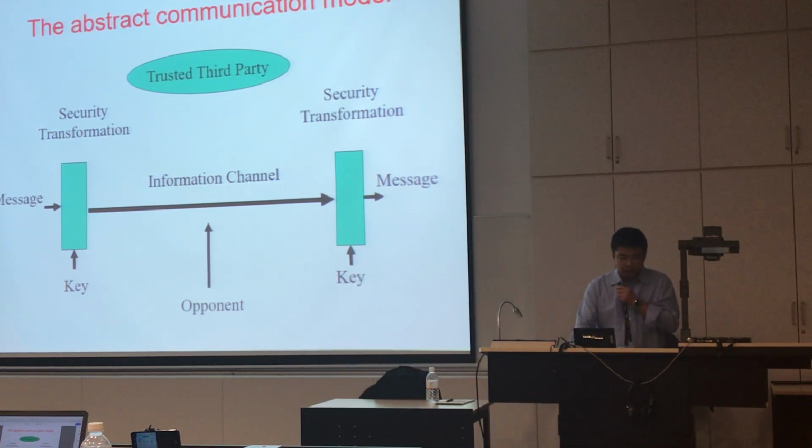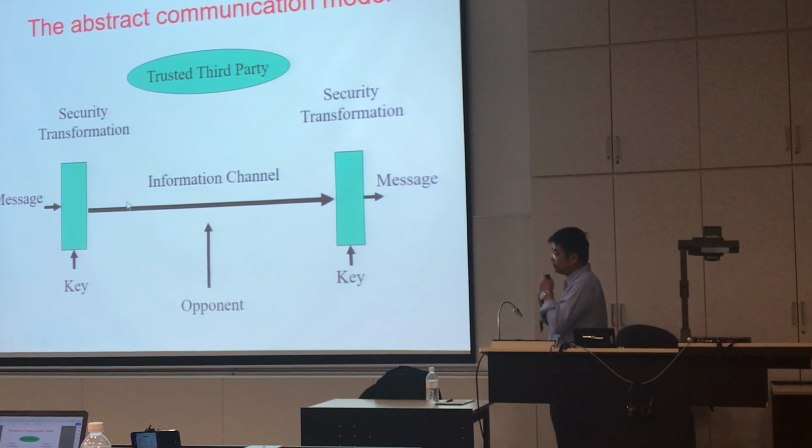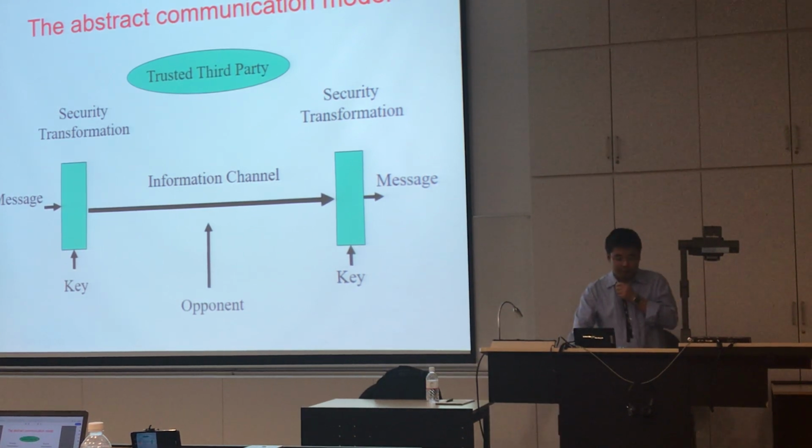Basically we have several key components: the sender, the receiver, and the attacker. The attacker can access information in the public channel. In order to secure the communication, we need to do a security transformation, which relies on some key. If there is no key involved, then the attacker can also do this transformation.